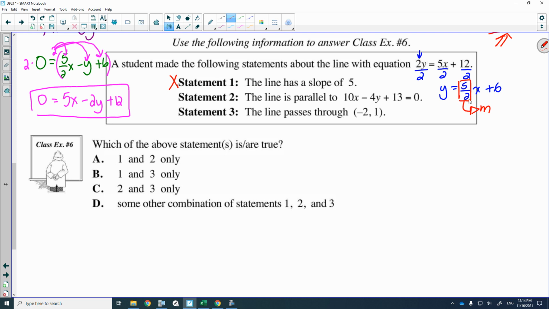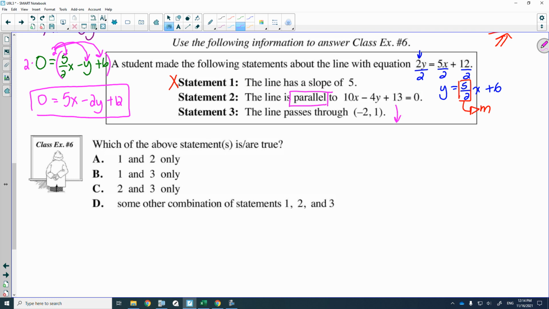Then it says the line that they gave us, so here's the line that they gave us, is parallel to this line. So you say, okay, parallel means slope, right? This line has a slope of 5 over 2. So we're going to check if this line has a slope of 5 over 2, because if it does, it's parallel.